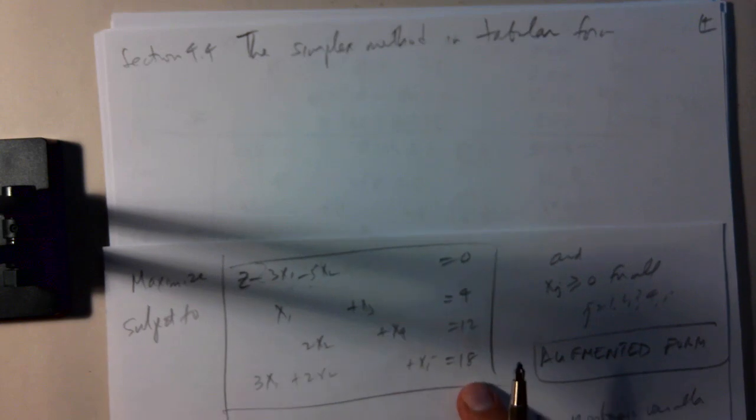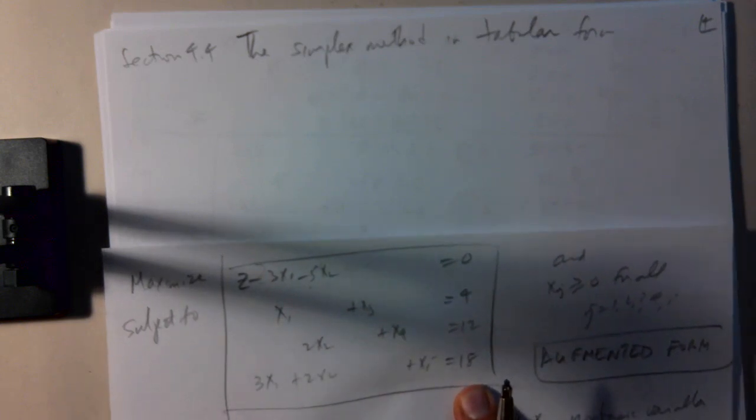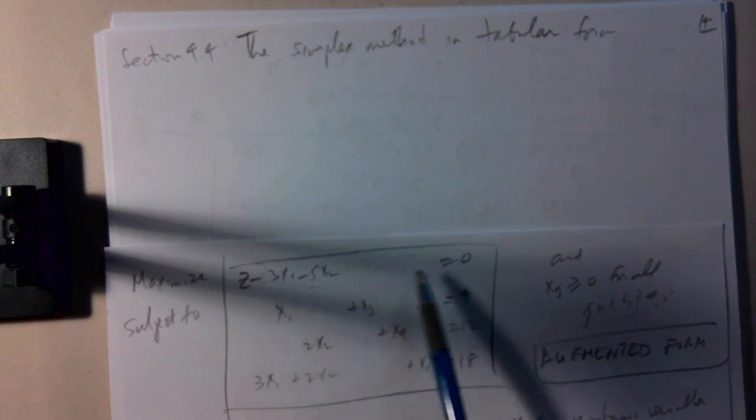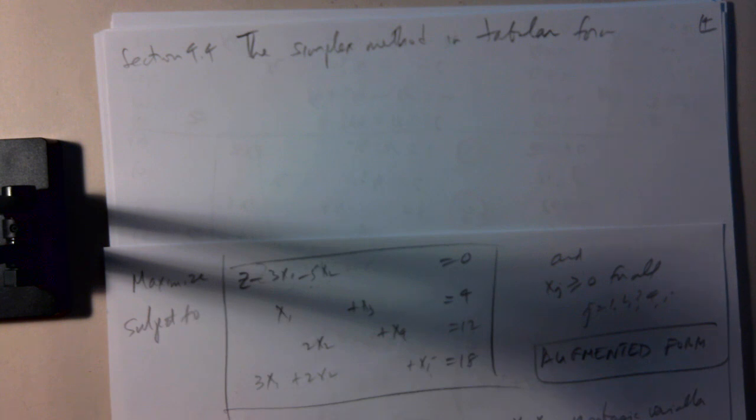And this was our initial augmented form of the problem. We take our inequalities, add slack variables to get equalities, write the objective function as z minus something equals 0. And from this, I'm going to make the following table.